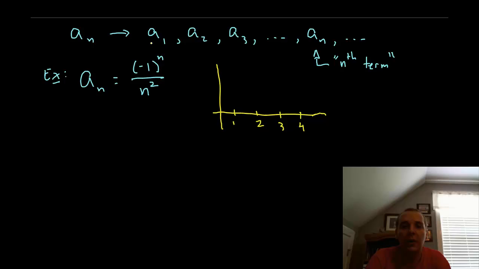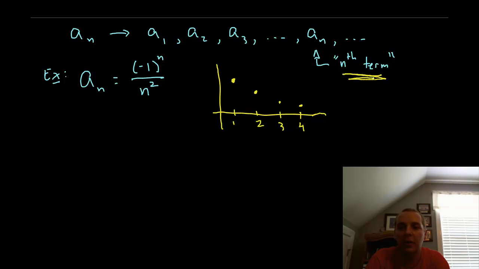So at 1, a sub 1, where the subscript is 1, you'd have a y value there, and then you'd have a y value at 2, that's a sub 2, and then a sub 3, and then a sub 4, etc. So instead of being on a continuous domain as we're accustomed to, this is almost called a discrete domain. It's just the set of positive integers here.